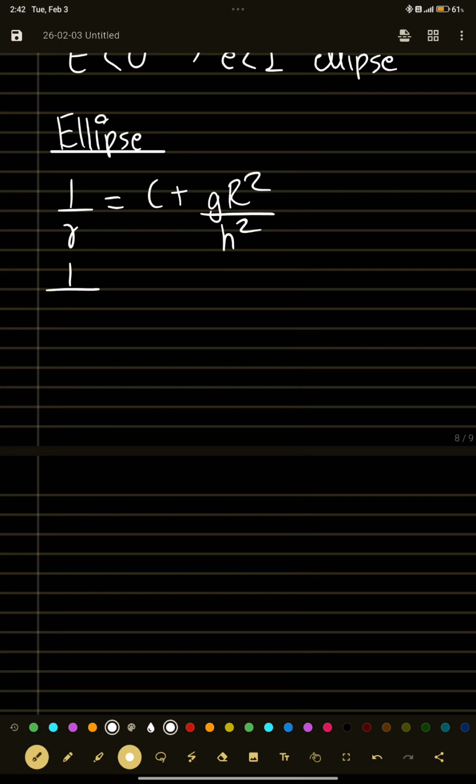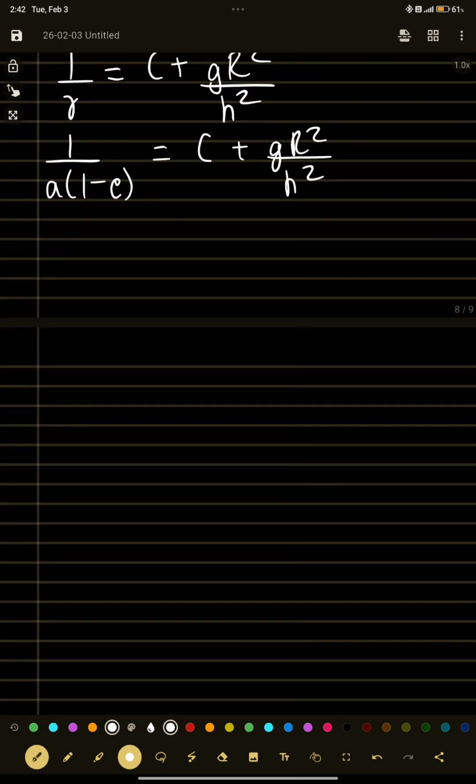A 1 minus c. Further, you can also... C is known to us here.